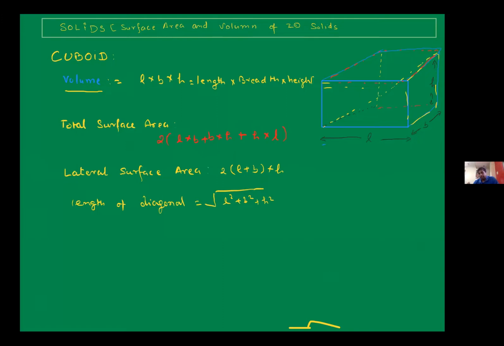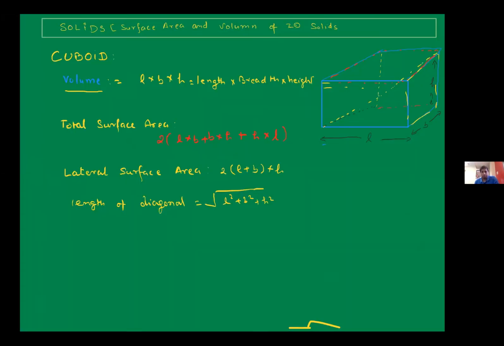The diagonal of the cuboid is equal to the largest rod we can keep in the room, that will be the diagonal of the room. Similarly in the cuboid, the largest rod we can put in the cuboid will be the diagonal of the cuboid.